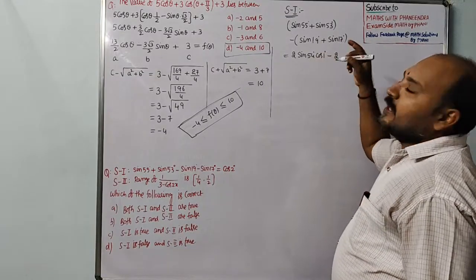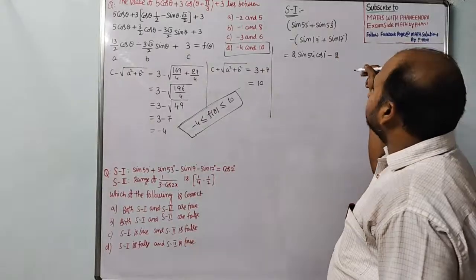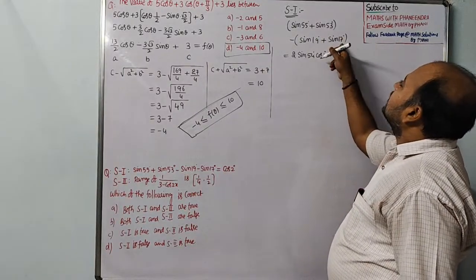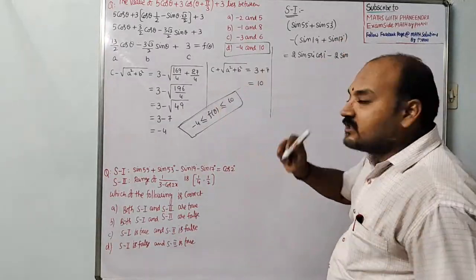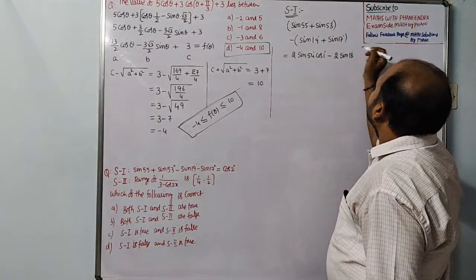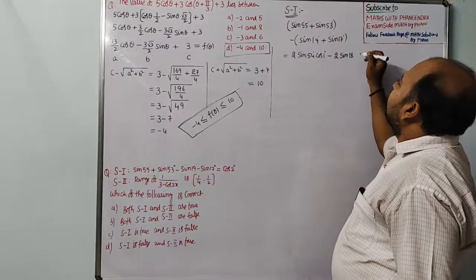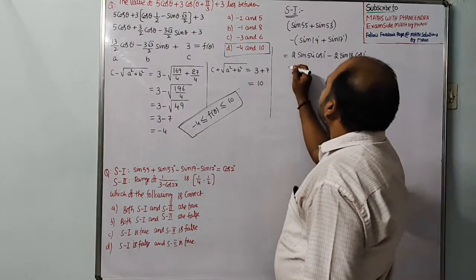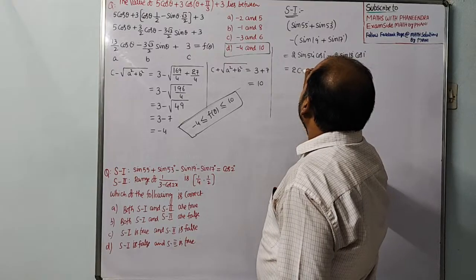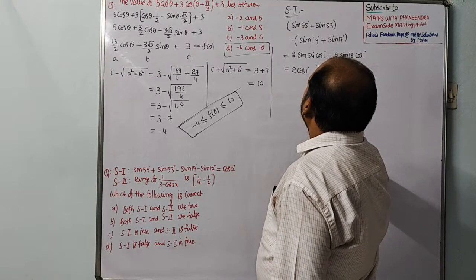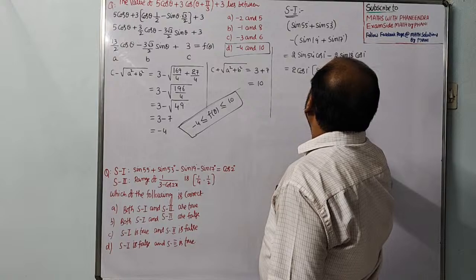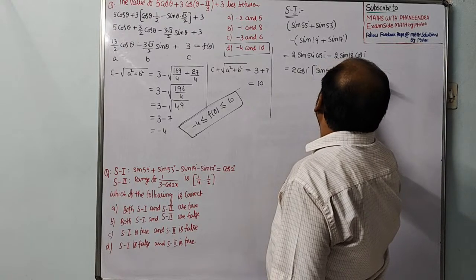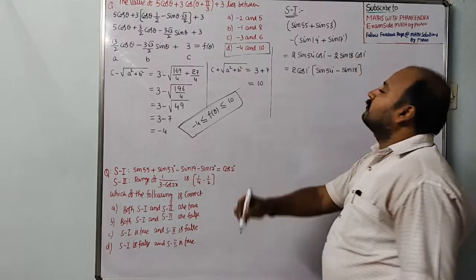Again sin C plus sin D, 2 sin C plus D by 2 cos C minus D by 2. So 2 sin of 19 plus 17, 36, 36 by 2, 18. Next, 19 minus 17, cos 2 degrees. 2 degrees by 2 means 1 degree. So 2 cos 1 degree into sine of 54 degrees minus sine of 18 degrees.